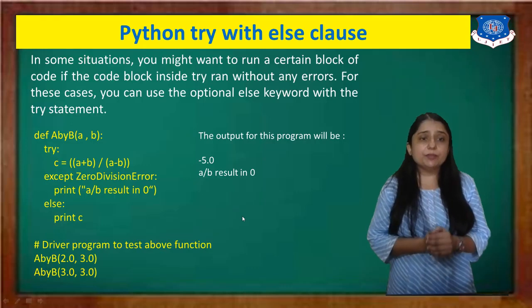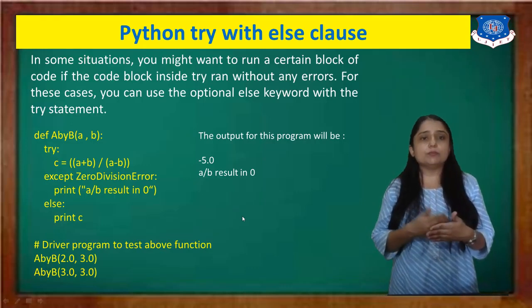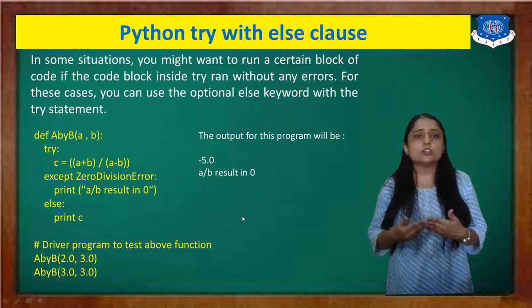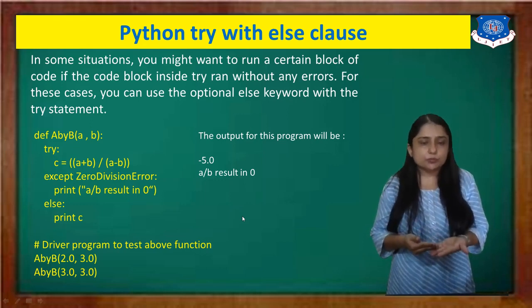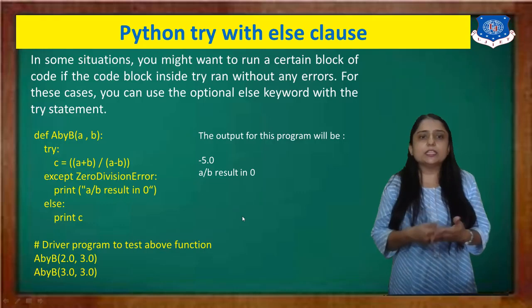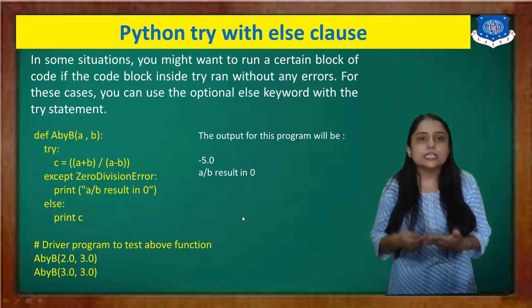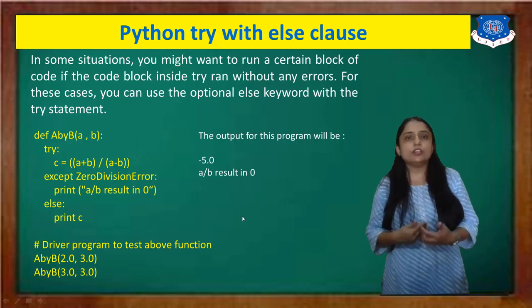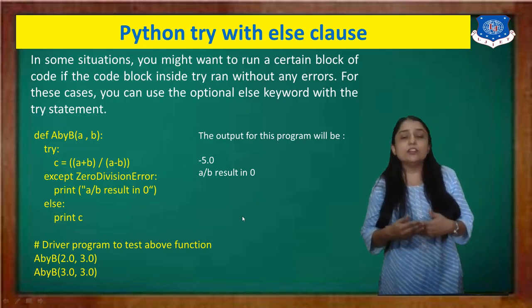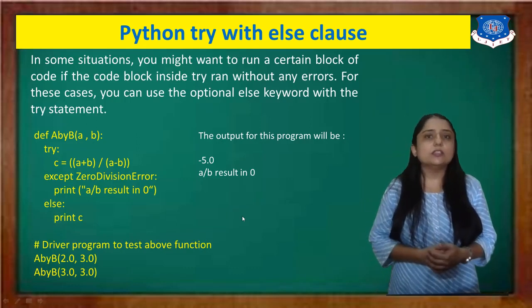Now the second time, if I call a by b with a as 3 and b also 3, then c equals 3 plus 3, which is 6, no problem. But it is divided by 3 minus 3, which is 0. So c will be 6 divided by 0, and we know that in Python we cannot divide any value by 0.